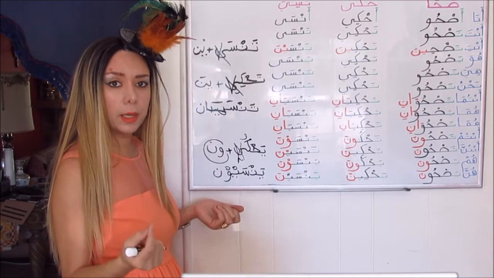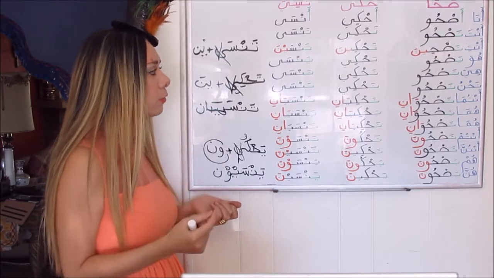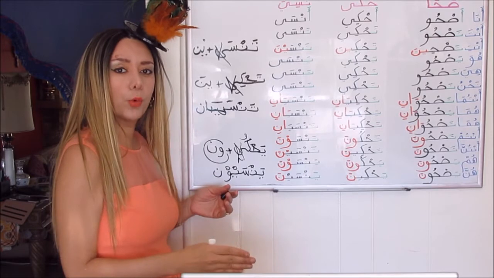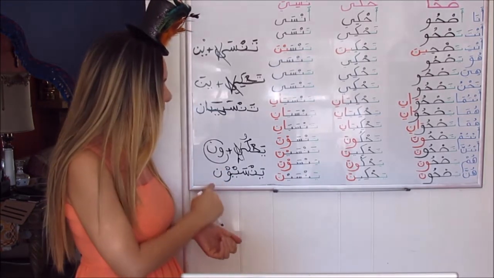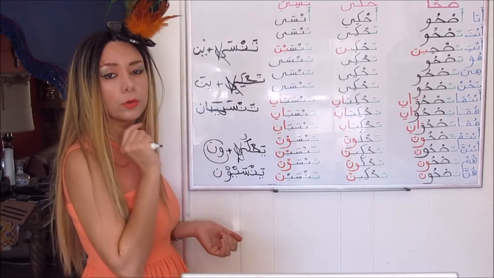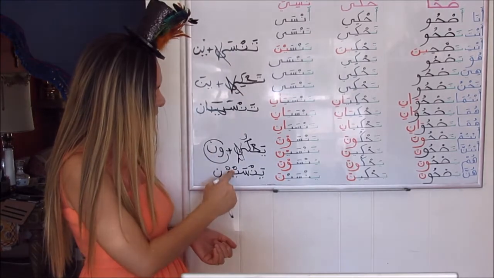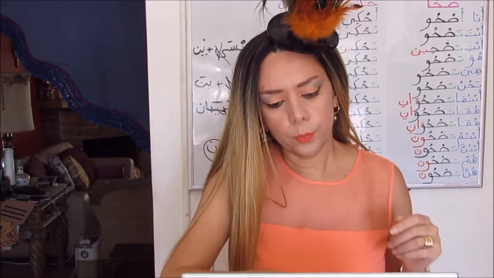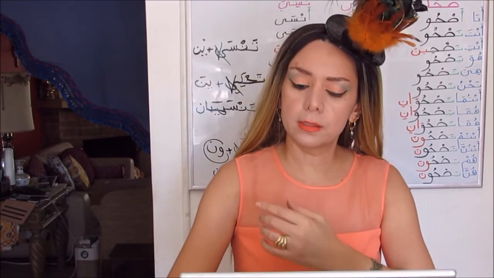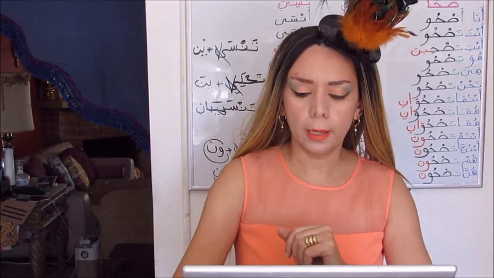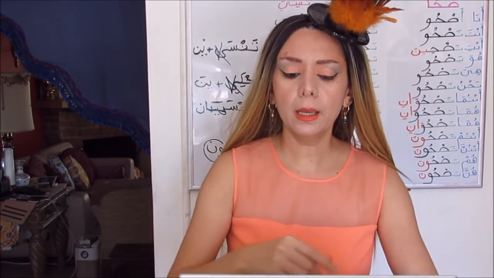Since we cannot keep a broken alif, which always is seen in the end of words. So here, when it's placed in the middle, it turns to its original form. So we have تنسيون. Una is the suffix. So yielding to a suffix as an independent syllable. تنسيون. Beginning with a vowel.